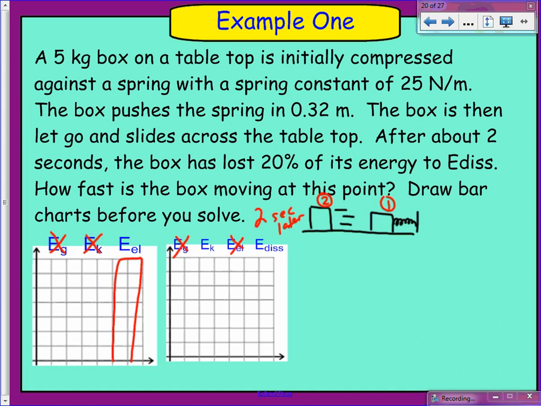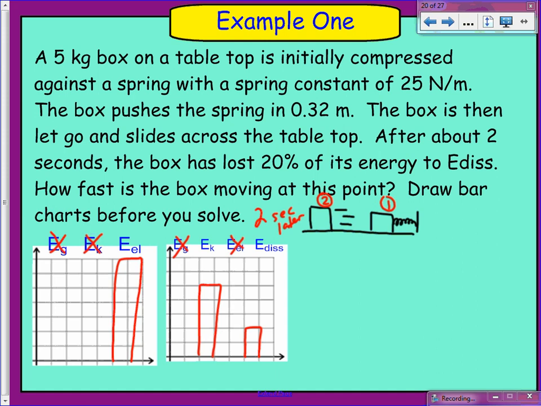But we are told that there's some dissipated energy. Some of the energy has been lost due to friction. Now, I'm not going to worry so much about making my boxes 80% and 20%, but instead I just want to show that kinetic is the majority, and then the dissipated is only a little bit. 20% is only a little bit of the energy. When we start calculating and getting some actual numbers here, we can then get more specific.